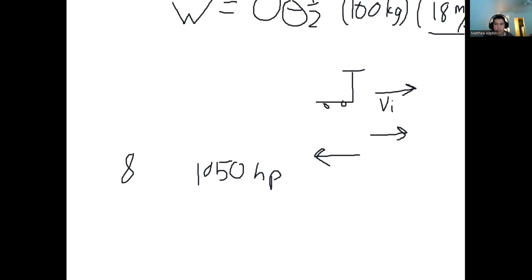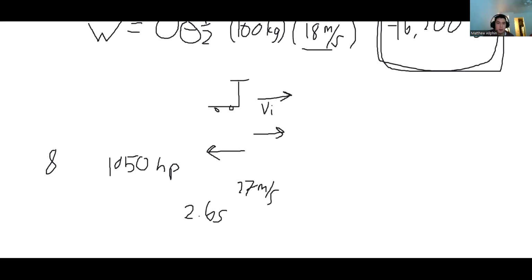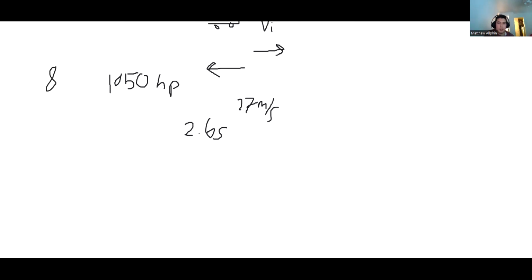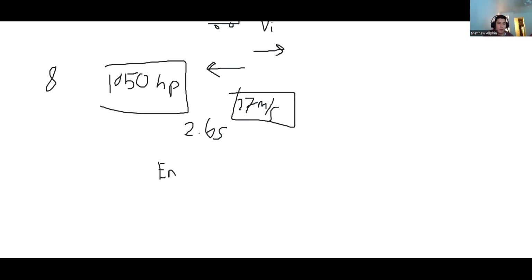How much energy is used to accelerate from 0 to 60 miles per hour, or 27 meters per second, in 2.6 seconds? Now, this is kind of a trick question because it gives you some extra information that you don't need, right? It gives you the speed, and that makes you think, oh, work kinetic energy theorem, that's what I need to use. But actually, we're given a power, which is an energy over time, right?